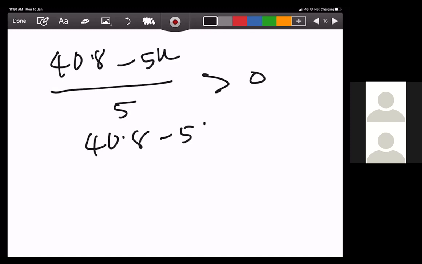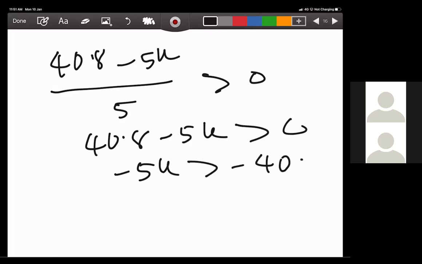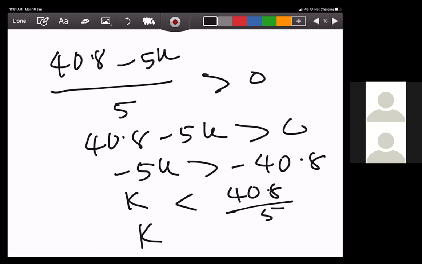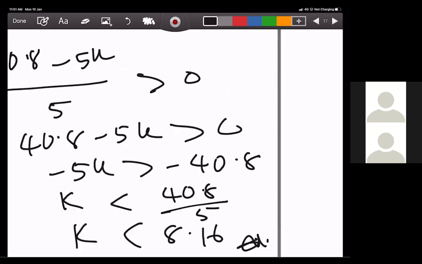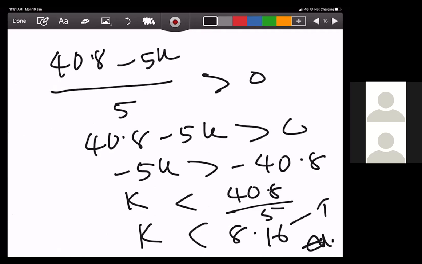Afzal, dah dapat dah? Sekejap. 40.8 divided by 5, berapa? 8.16. Yes, okay, betul. And then this one is equation 1.